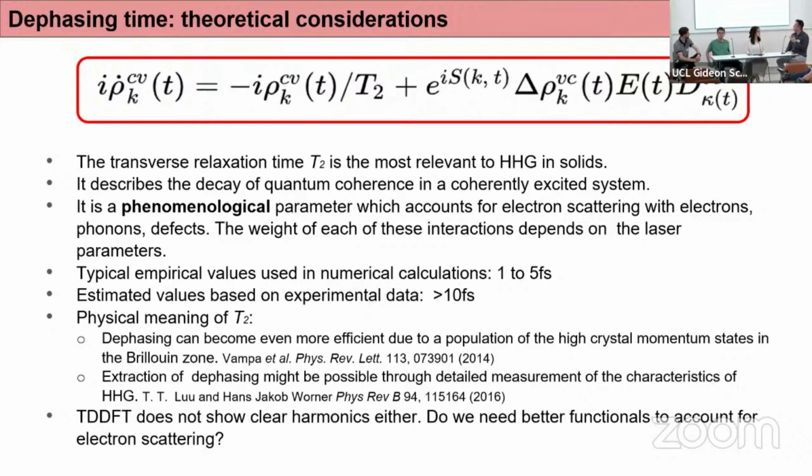And the typical values used in calculations are on the order of 1 to 5 femtoseconds. But experimentally, that's not fully justified, because the dephasing times that at least were measured in the 90s are on the order of above 10 femtoseconds.